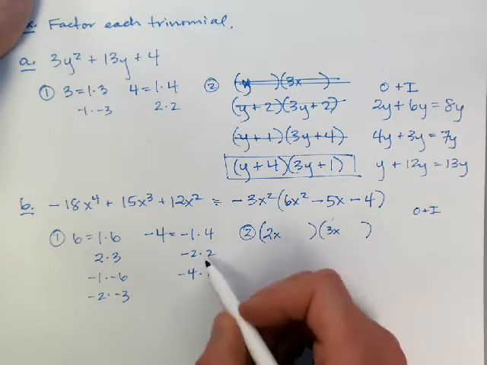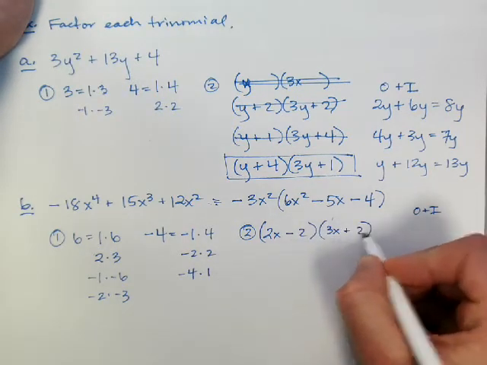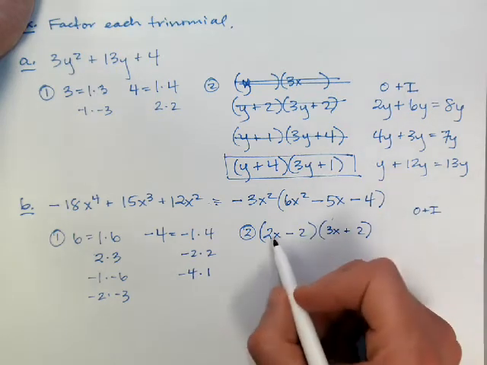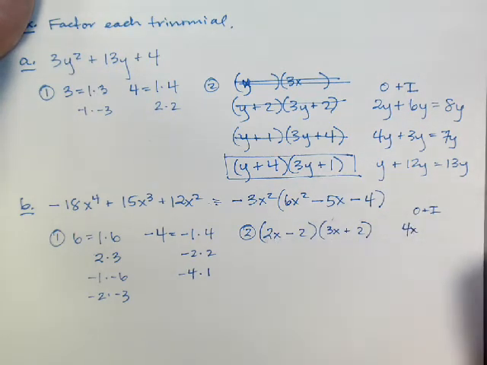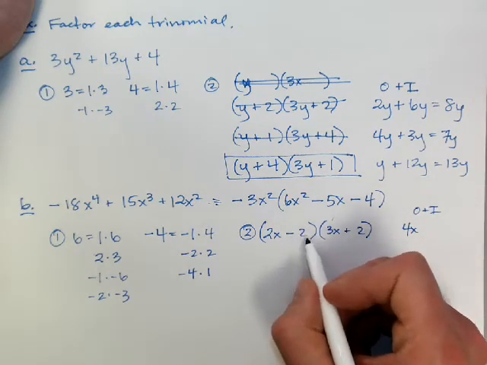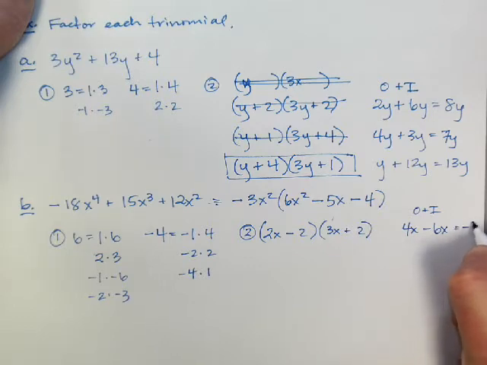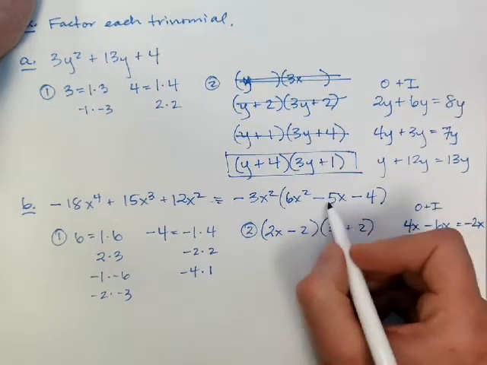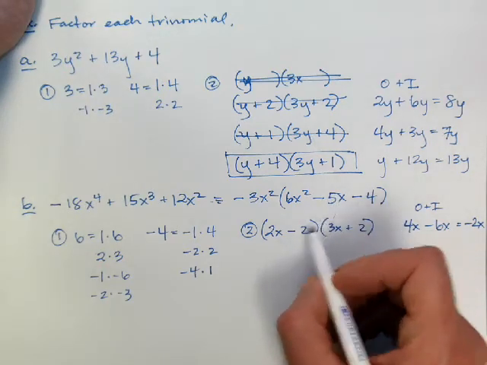So going again for the middle, let's do a -2 and a 2. Okay, so then we'll have for the outside term 2x times 2 is 4x. And -2 times 3x is -6x, so -2x. So right sign, but we got the wrong number. So that won't work.